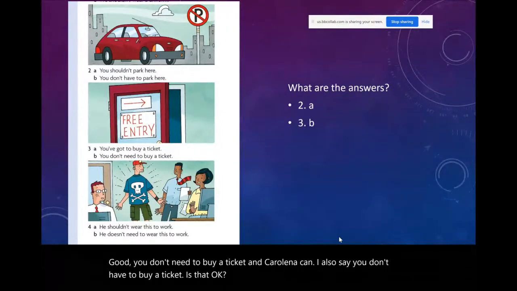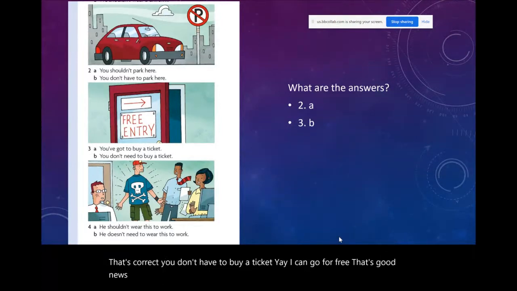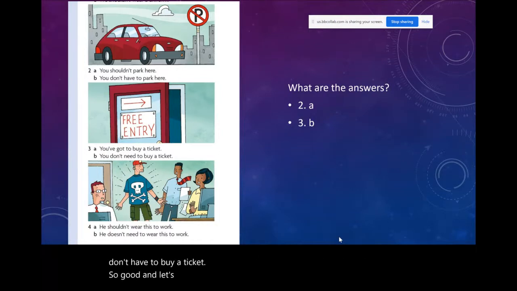Yes, that's correct. You don't have to buy a ticket. Yay! I can go for free. That's good news. So yes, you don't need to buy a ticket has the same meaning as you don't have to buy a ticket. Okay, so good.